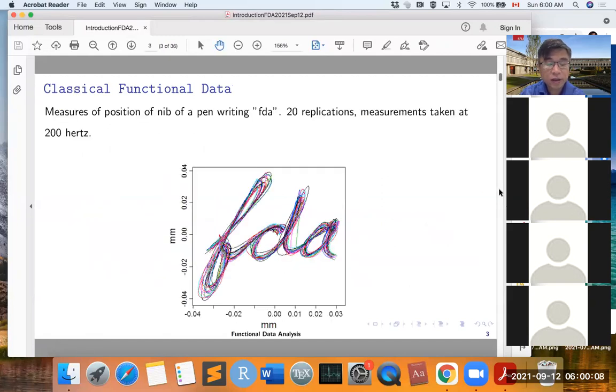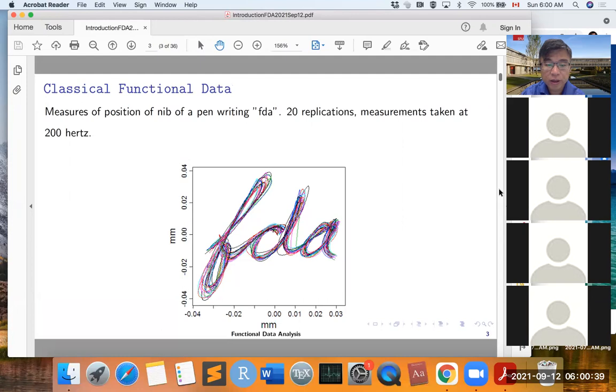This is the second example about functional data. Basically here, we record the position of the pen when we write the three letters FDA. We write these FDA letters 20 times, and we recorded the position of the pen on the paper.